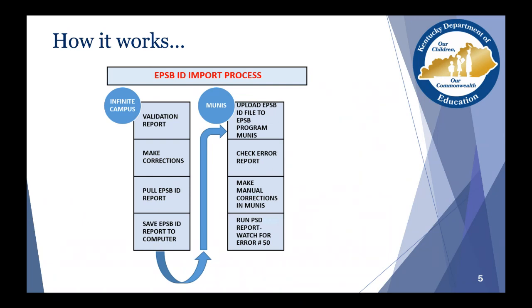You're going to save that report to your computer to then move to Munis and upload that EPSB ID file. You're going to check the error report that you'll receive when you import if you have errors. You'll make manual corrections in Munis, and then you'll be ready to run your PSD report and then watch for error number 50. And we're going to talk about each of these.